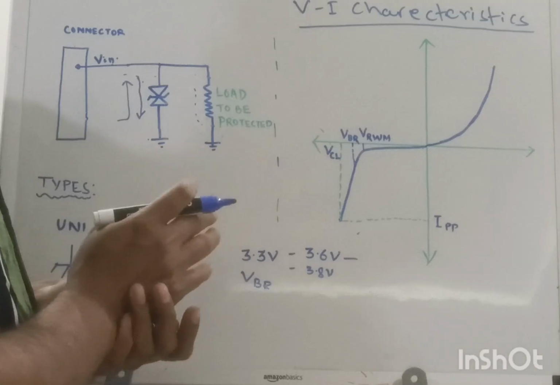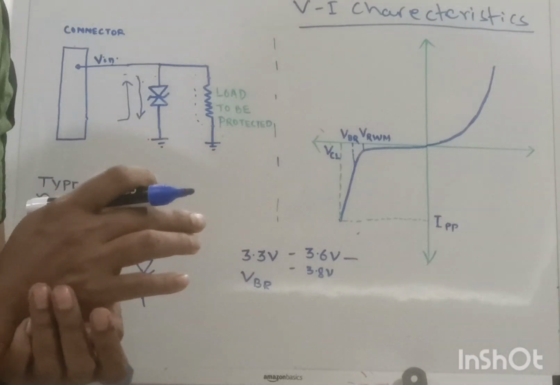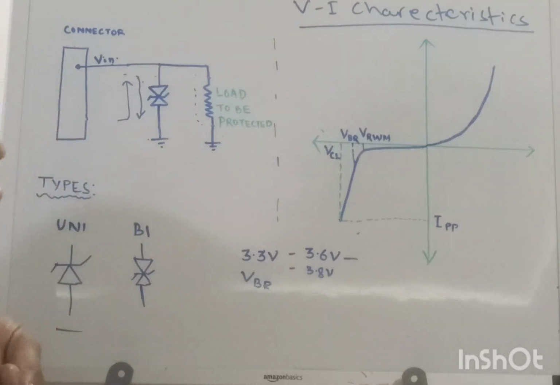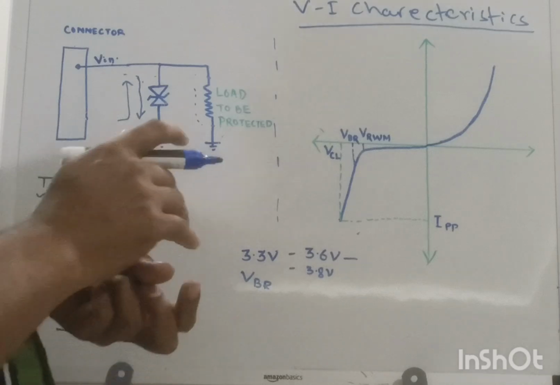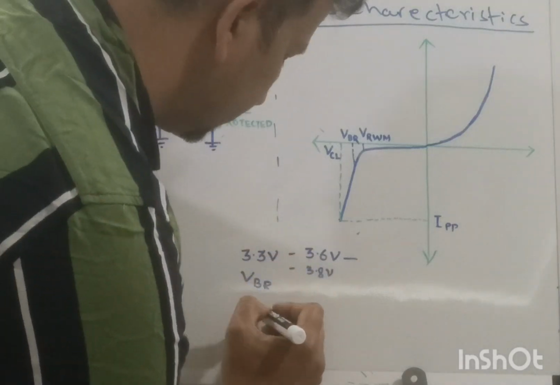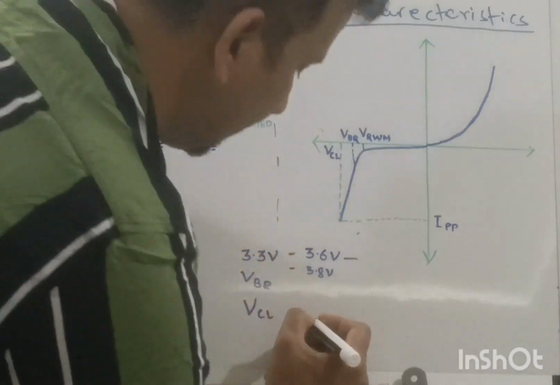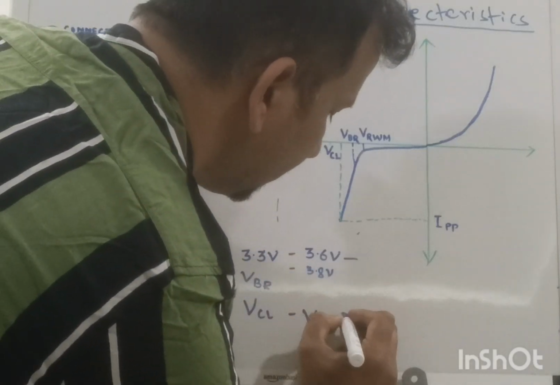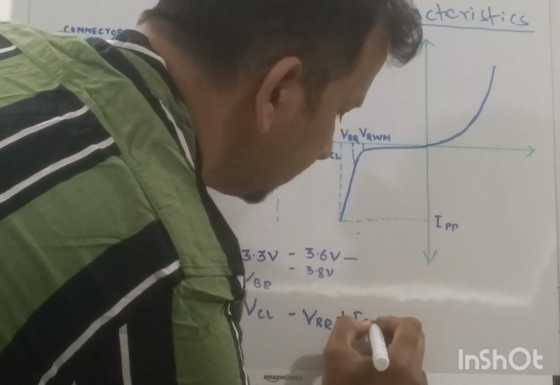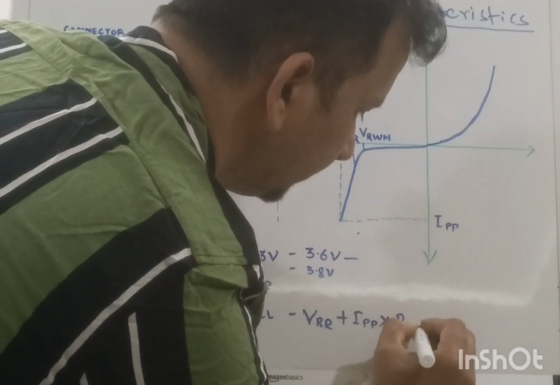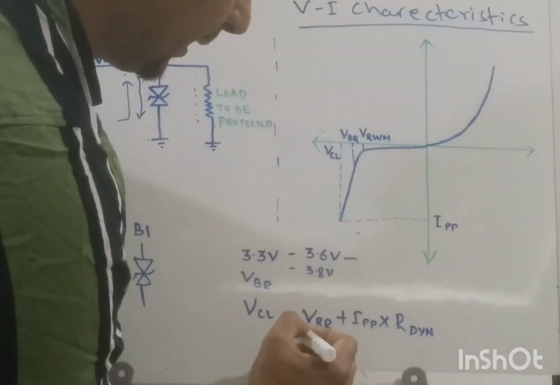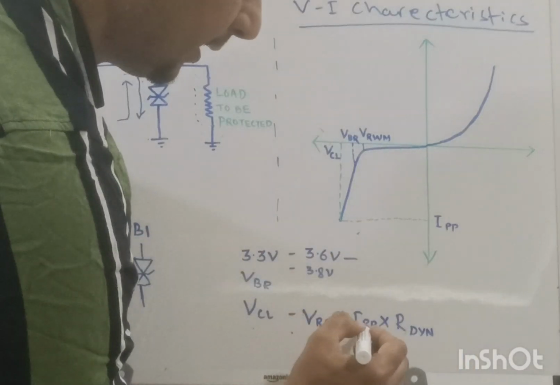Now you need to know the clamping voltage for selecting a particular TVS diode for your application. Clamping voltage is basically calculated as VBR plus IPP times RD, where RD is the dynamic resistance.